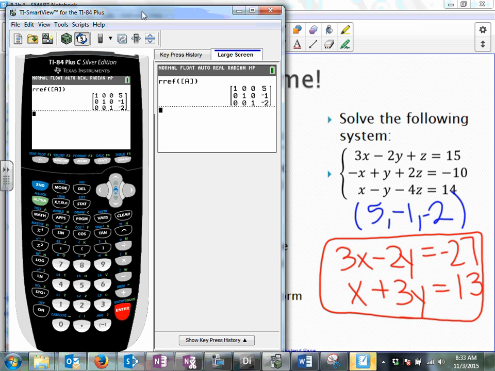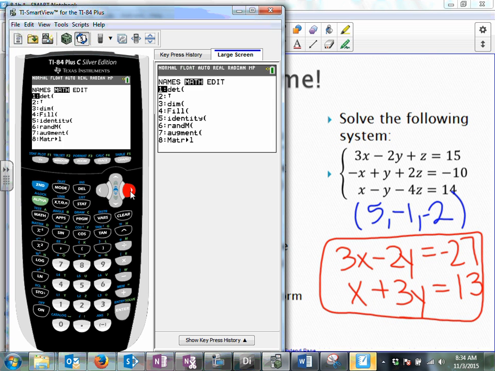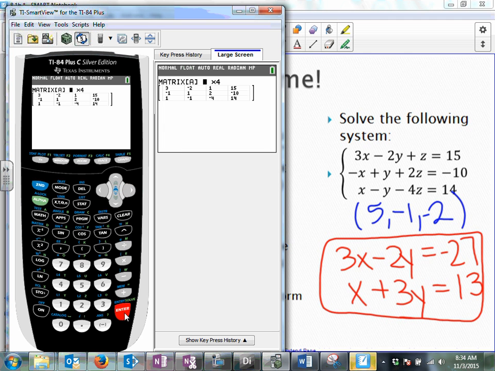Where do we go first? Second matrix, we're going to have to edit. And you can still go back to A and just edit it as a 2x3.